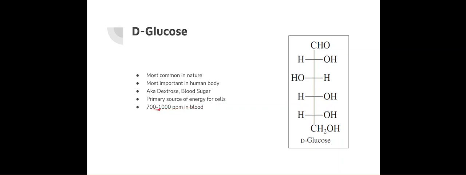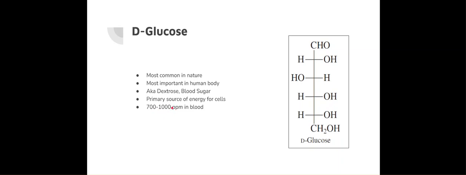In normal, healthy people, it's about 700 to 1,000 parts per million in your blood. Parts per million means 700 out of a million, or 1,000 out of a million, right? You guys familiar with parts per million? So 700 to 1,000 is considered a healthy range.